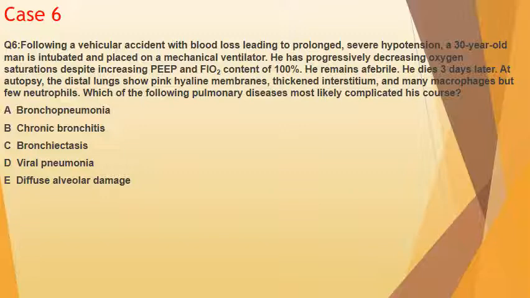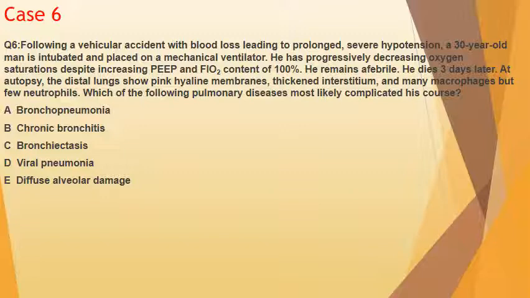Oxygen saturation progressively decreased despite increasing PEEP and oxygen content of about 100%. He remains febrile, but he dies 3 days later. Oh my God. At the autopsy, what would we find?